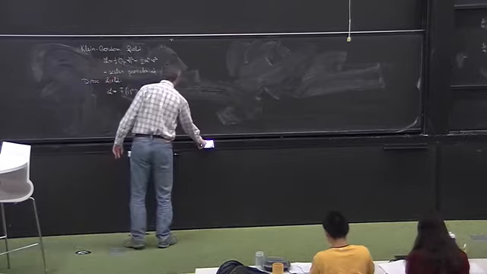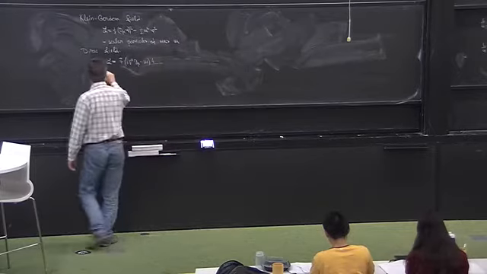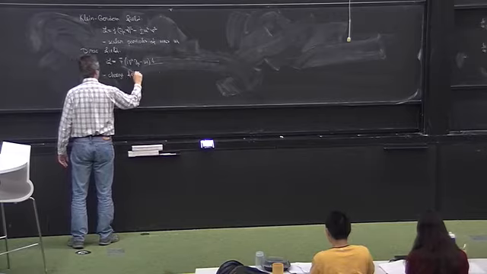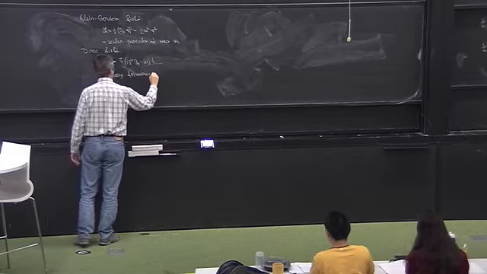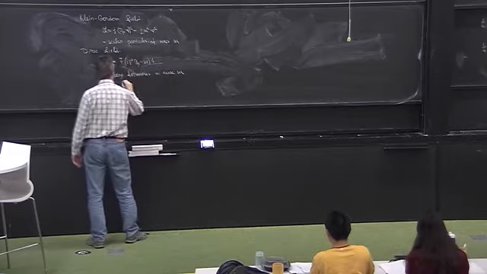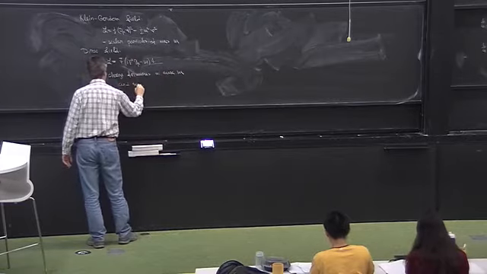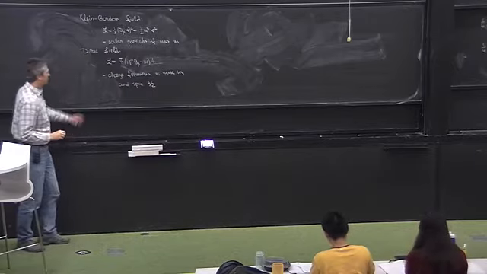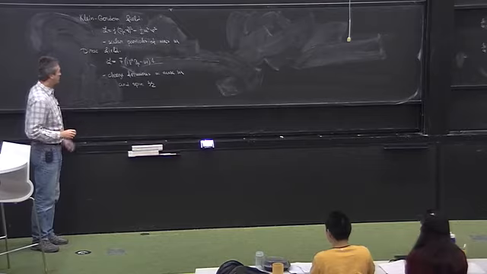So this describes charged fermions with mass m and spin 1/2. In particular, this Lagrangian describes free electrons and positrons.